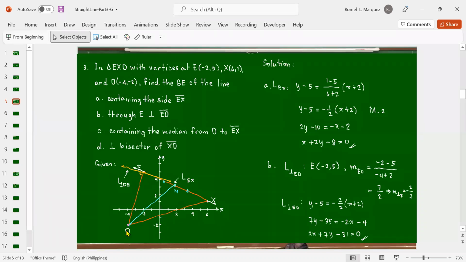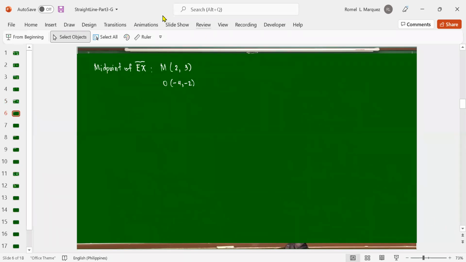Okay? What is the equation, guys? Y minus, I can use either M or O, no? So let's use M. Y minus 3 equals the slope, negative 2 minus 3 all over negative 4 minus 2, times x minus 2. This is equal to negative 5 over negative 6, x minus 2.